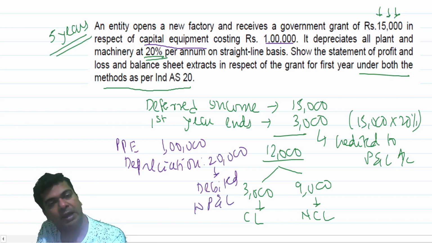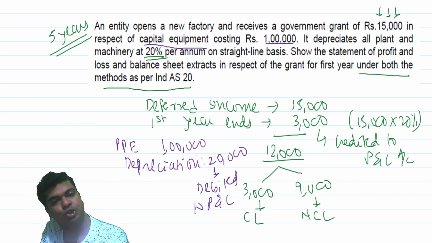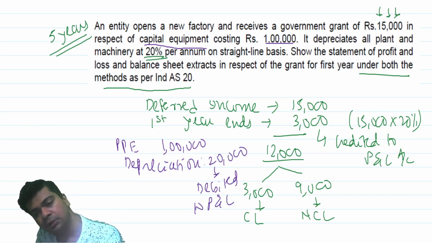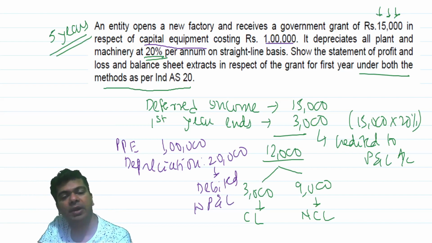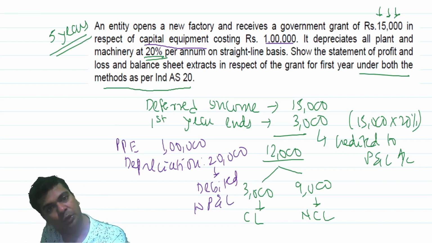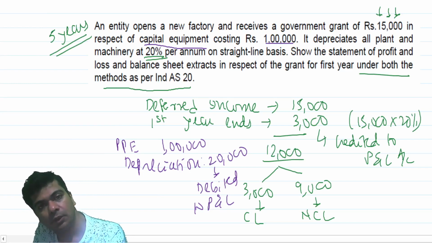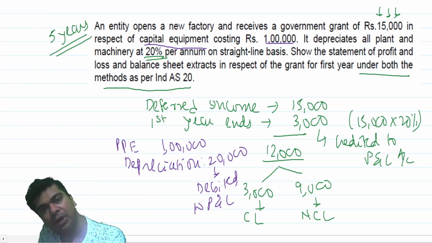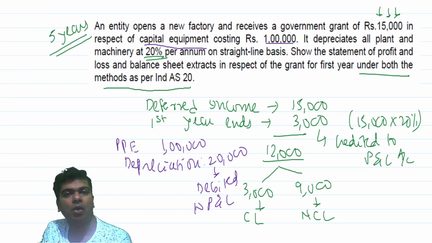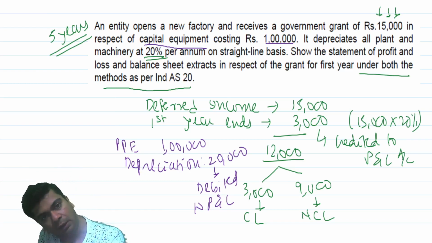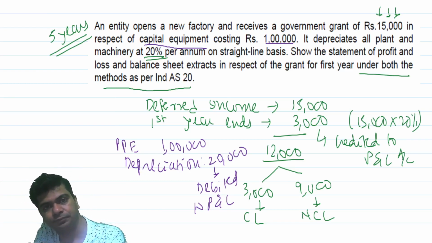When you will prepare the extract of the P&L, you will show depreciation 20,000 and you will show government grant, which is recognized as an income to the extent of 3,000. In the balance sheet, you will report as a non-current asset PPE 1 lakh minus 20,000, that will turn out to be 80,000. Okay. And for the liabilities, current liability and non-current liability, which we have already discussed.